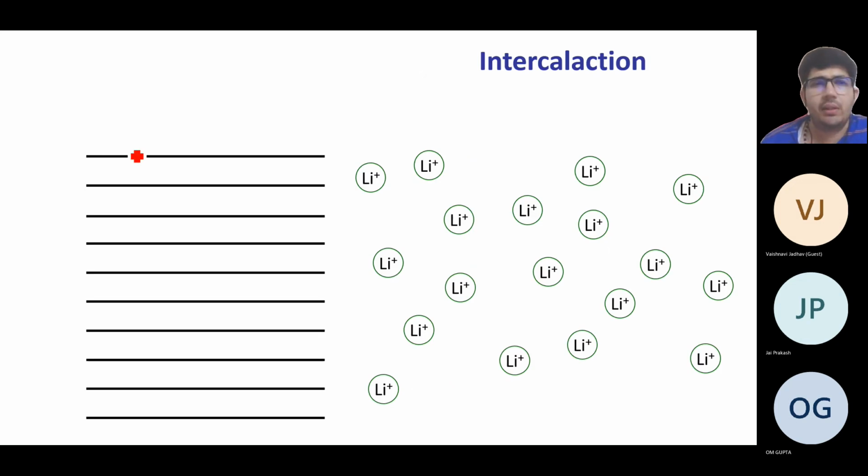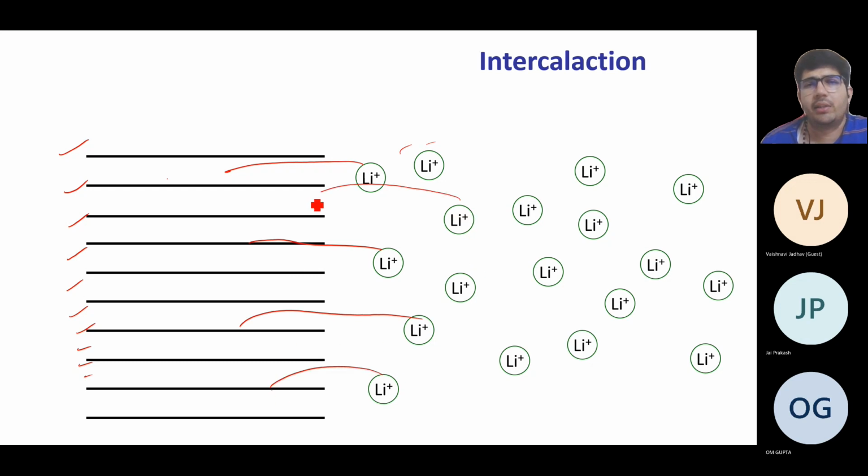Here we can see the layers of the graphite. Now this lithium can come into these layers. That is called intercalation. So this is the host, and this is the guest. The guest is coming into the host at some locations.